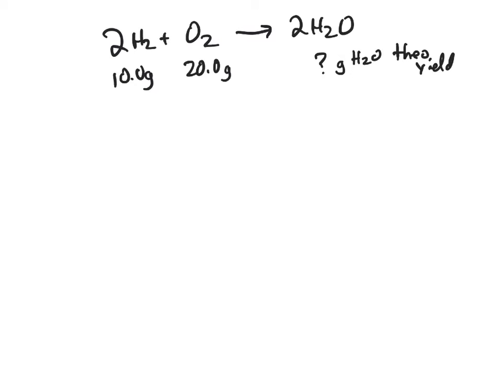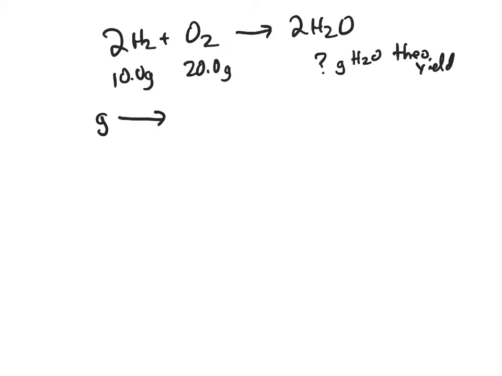So what we're going to do is take both reagents all the way through our process, see how much water can be produced based on each reagent, and then compare our answers. At the end, one of them will have the lesser amount, and that will have come from the limiting reagent, and that will be the answer to our problem.